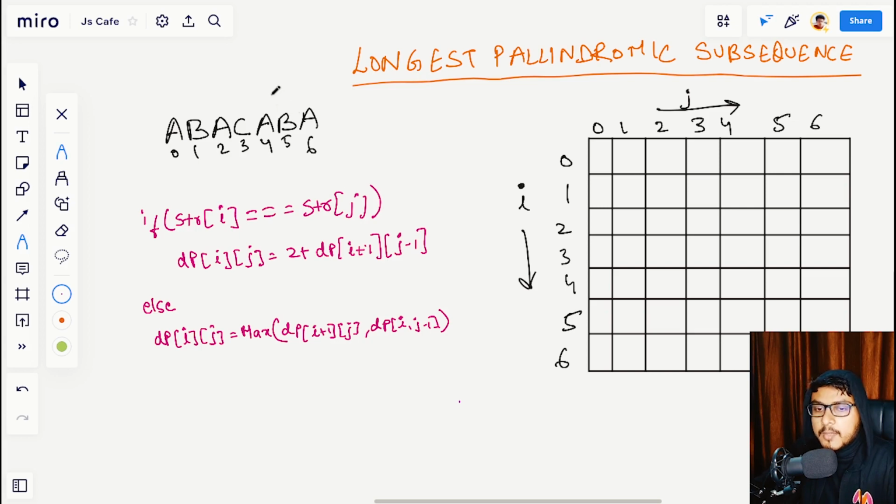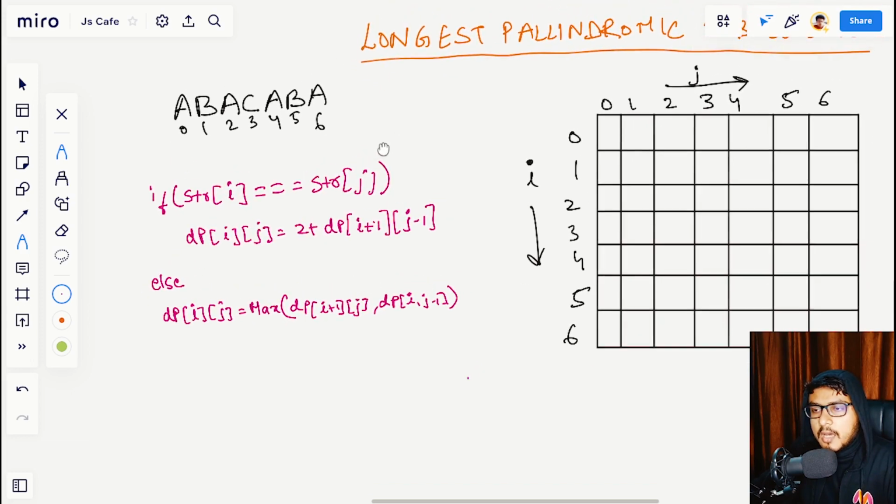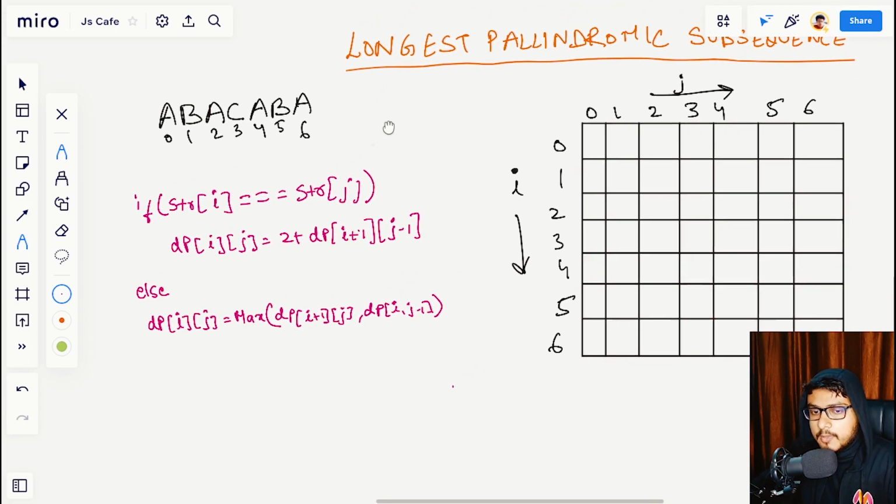So that is the subsequence. And we have to find the longest palindromic subsequence in this particular string. So we'll be using DP in this question. Let's have a look how we are going to approach this problem.